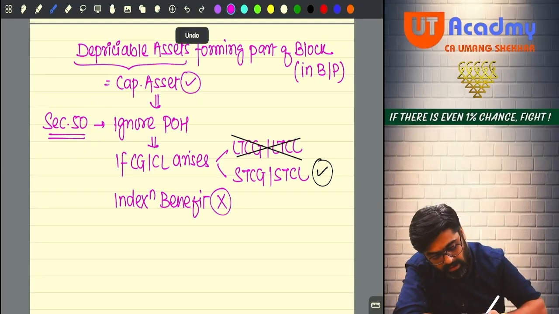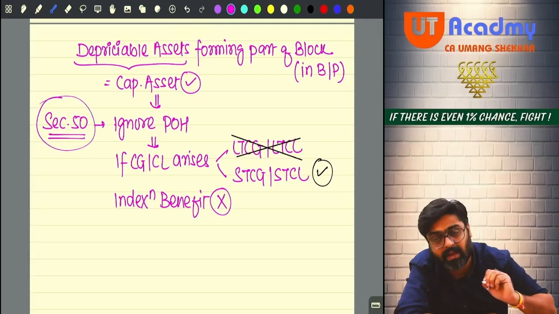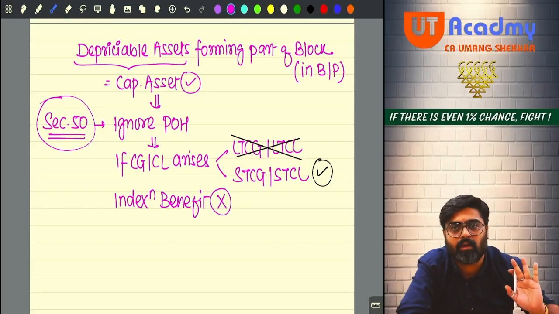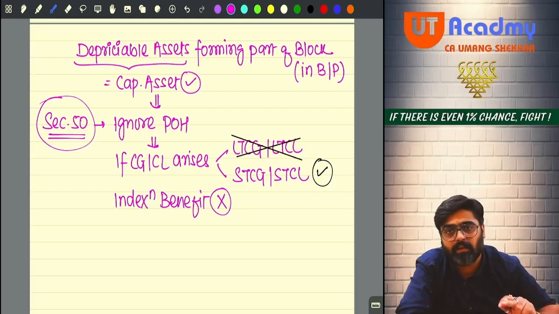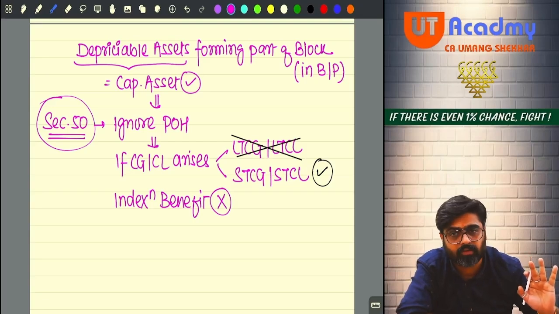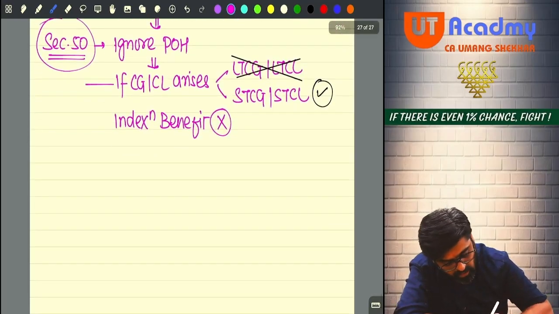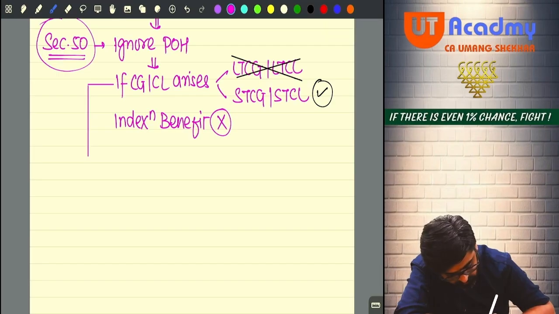So whenever you calculate their capital gain or capital loss, it will be calculated as per section 50 only. Section 50 says ignore the period of each asset, because it becomes a part of the block, and the moment it is put in the block, its identity is lost. Second, the resulting gain or loss will always be treated as short term, and no indexation benefit will be available on their cost.